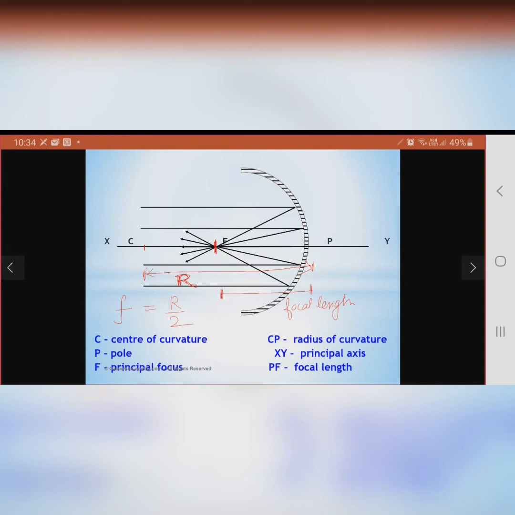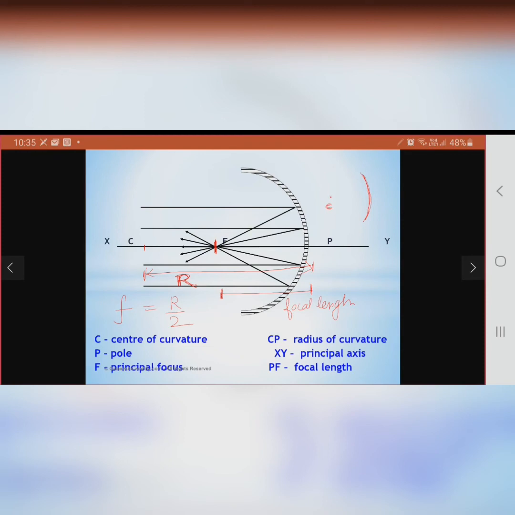Whenever you are drawing your spherical surface, you don't take a D, you take a compass. You mark an arc. Wherever the pointed end of the compass rests, that would be your center of curvature.